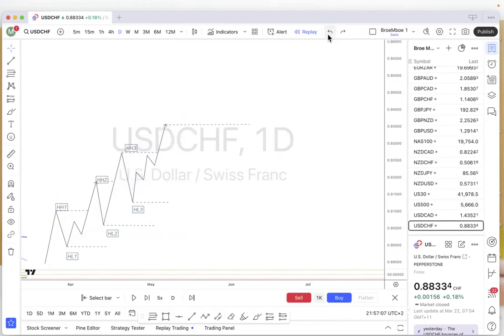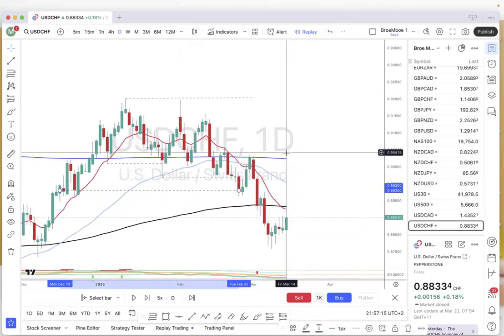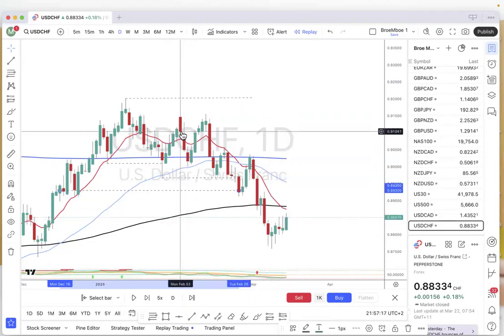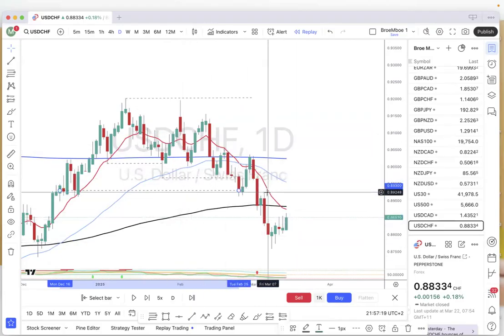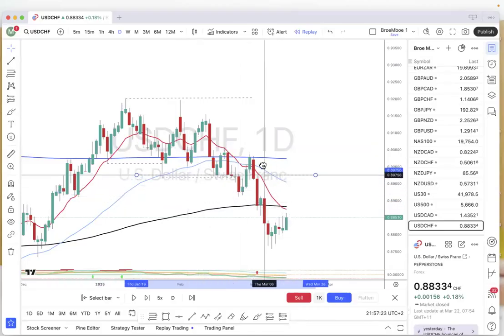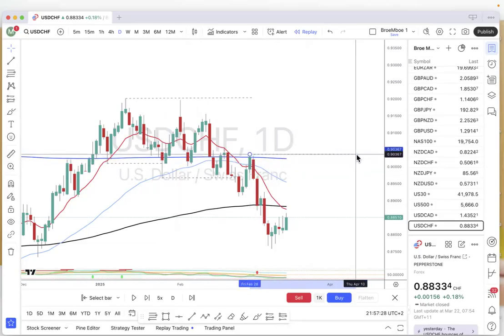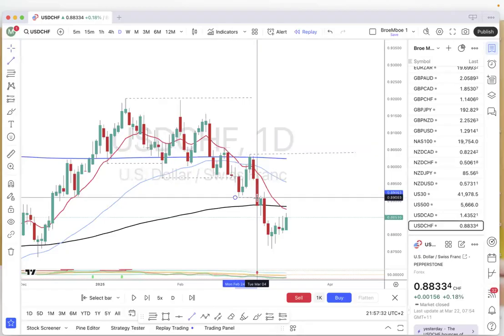All right. So now let's look at the chart examples, even though we're still talking about this USD CHF. So this USD CHF, we are marking the market structure here, and this high is confirmed because it broke the low, right?